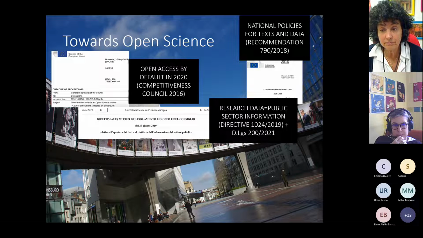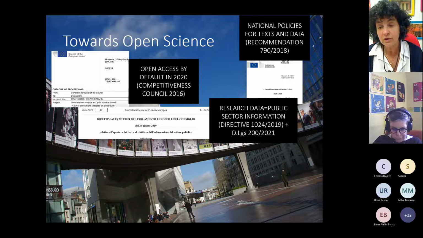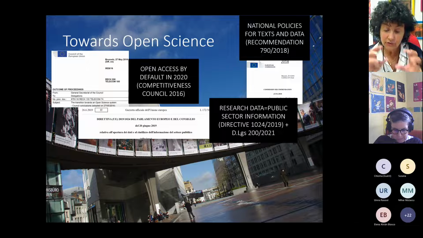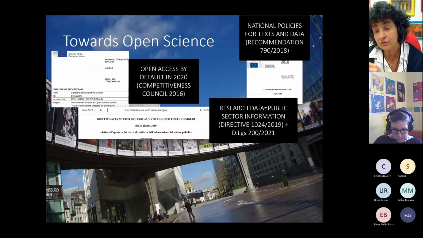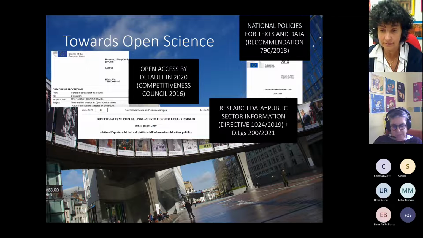Then we have the former Public Sector Information Directive, which was revised in 2019, and now it's called the Open Data Directive. Why is this important? Because research data were included as public sector information, so they must be open, okay? It's a legal obligation.